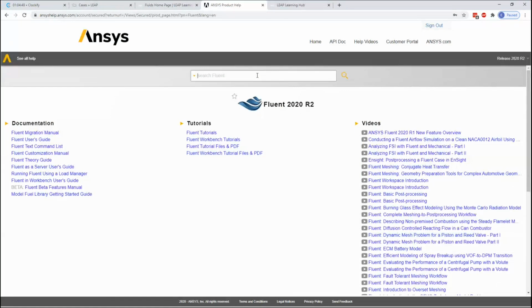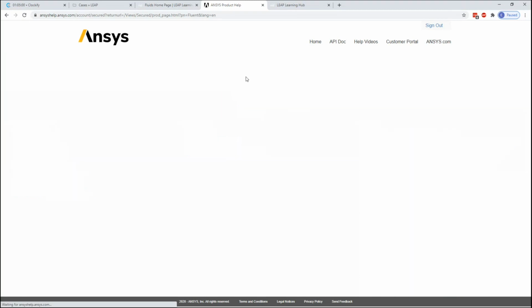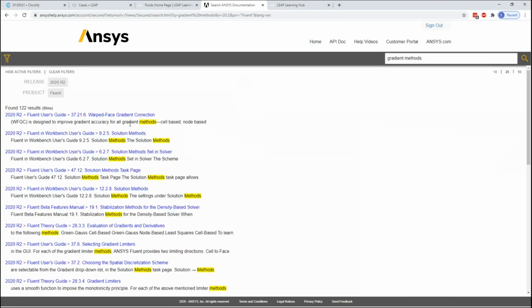You should be able to go into there and search things like our gradient methods in Fluent. Okay, so you can go into here, you can get an understanding through either the user's guide on how to implement them, or there'll be some links to the theory guide as well. Okay, so evaluation of gradients and derivatives.